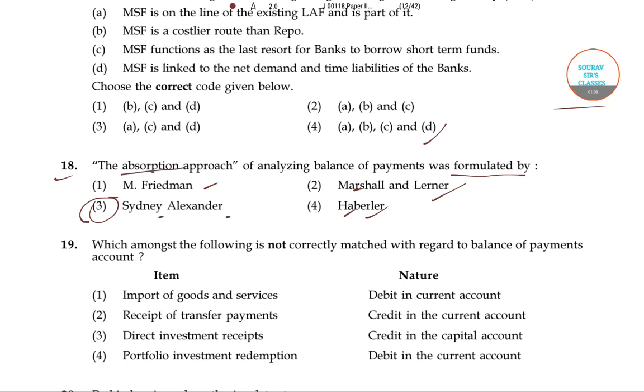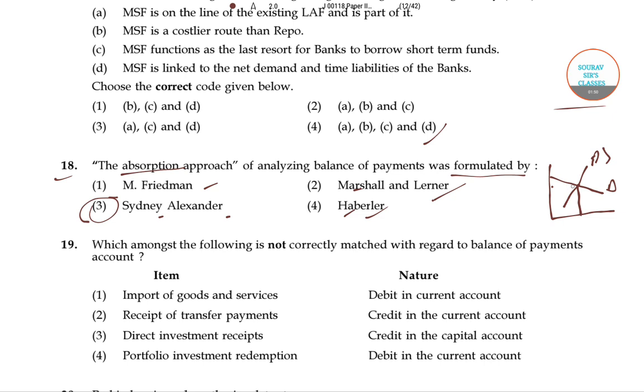formulated the absorption approach. So what is the absorption approach? That we have to figure out. It basically states that when an economy is operating at less than full employment, say for an example, this is aggregate demand, this is aggregate supply, and this is the full employment level.